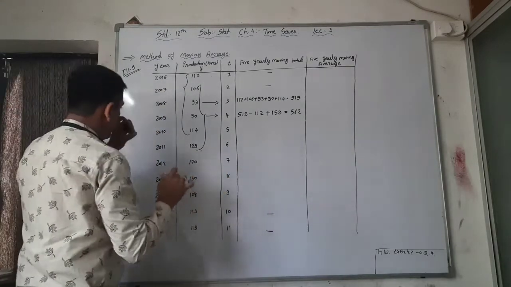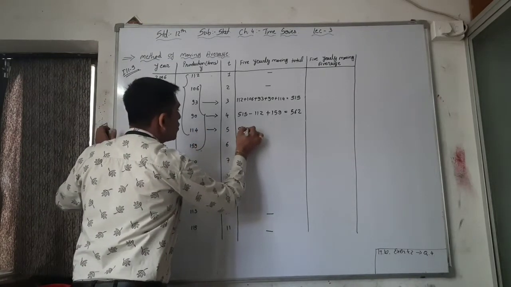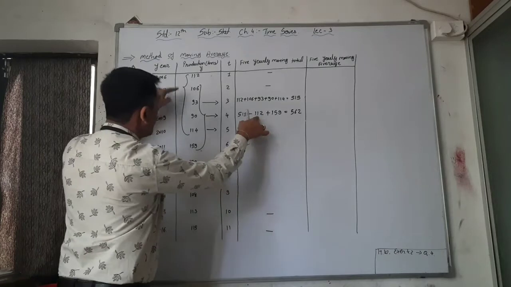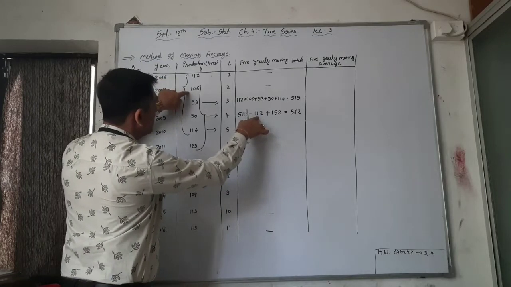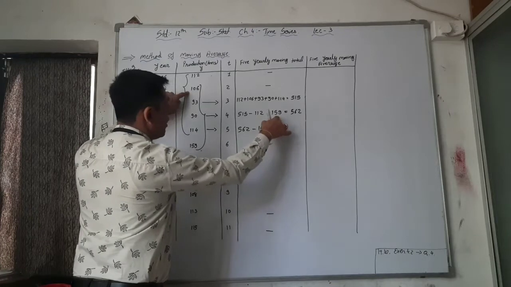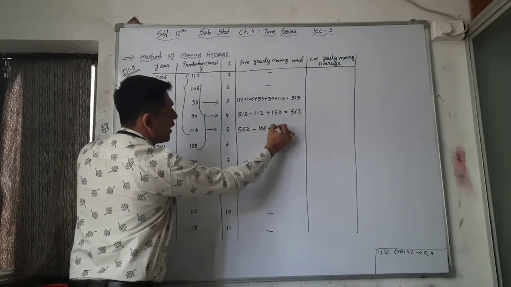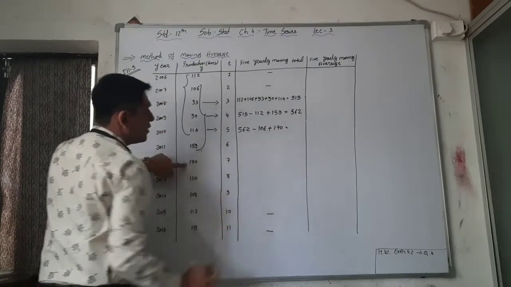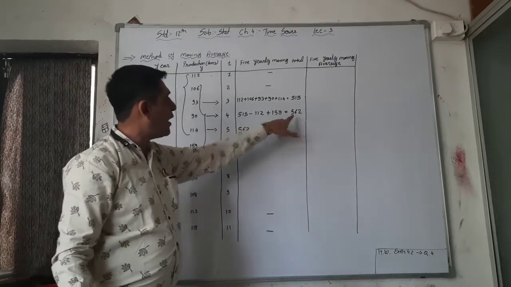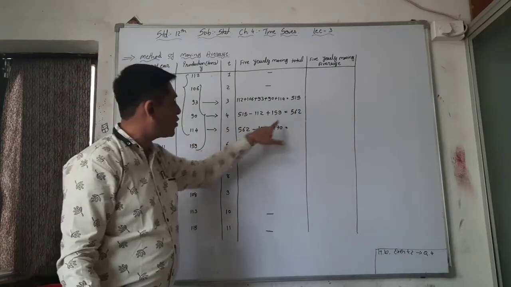Okay, now next one, 562 minus, after 112, which one is that? 106. So subtract this, and after 159, which one is that? Here 170. So we have to add this. See again, we have to write this total here, 515 here, 562 here.